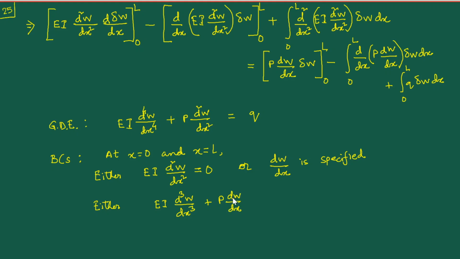So basically what I'm doing is considering this entire term, together with this term, on one side, and taking the coefficient of the delta w. Okay, so this is the coefficient of delta w, so that must be equal to 0, or w should be specified.